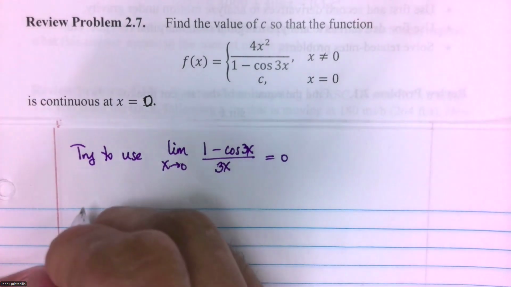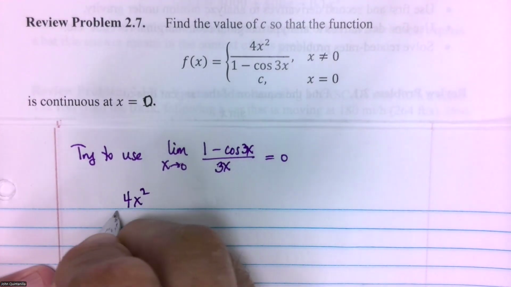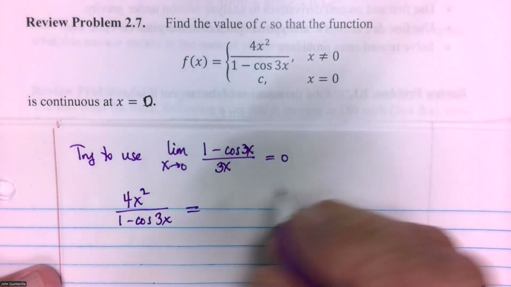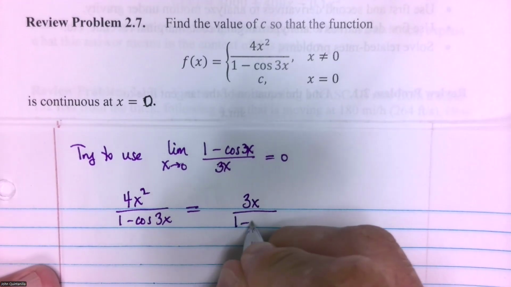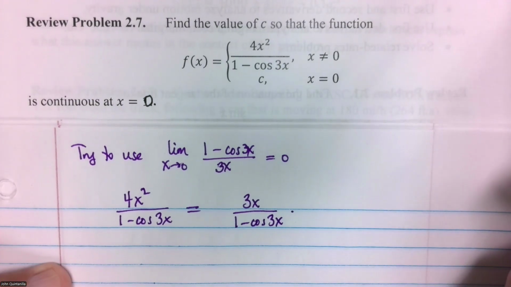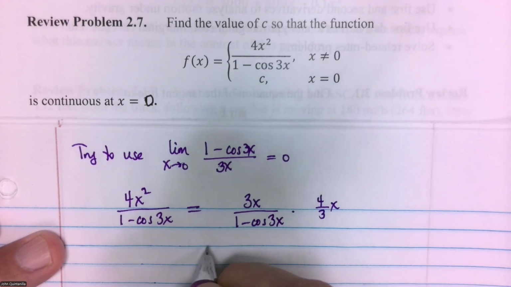If I try to do this, then I would have that 4x squared over 1 minus cosine 3x would be written as 3x over 1 minus cosine of 3x, and then I would have 4/3 times x.